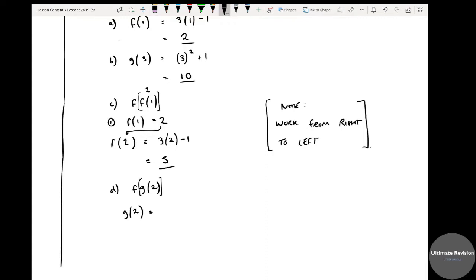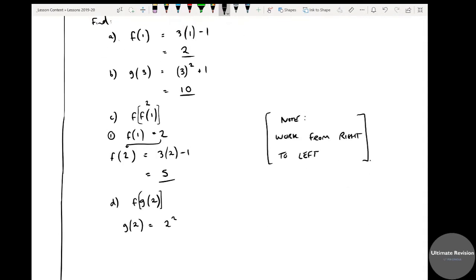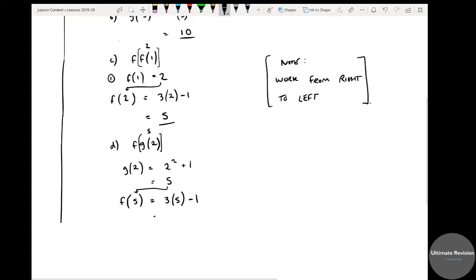Now g was x squared plus 1, so 2 squared plus 1, which is equal to 5. So then I'm going to do f of 5, which is 3 times 5 minus 1, which is 14. So my answer to that one would be 14.